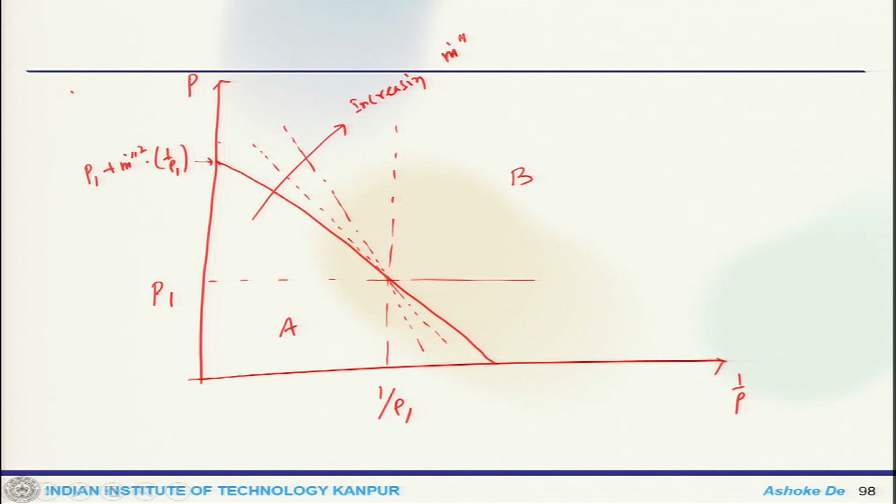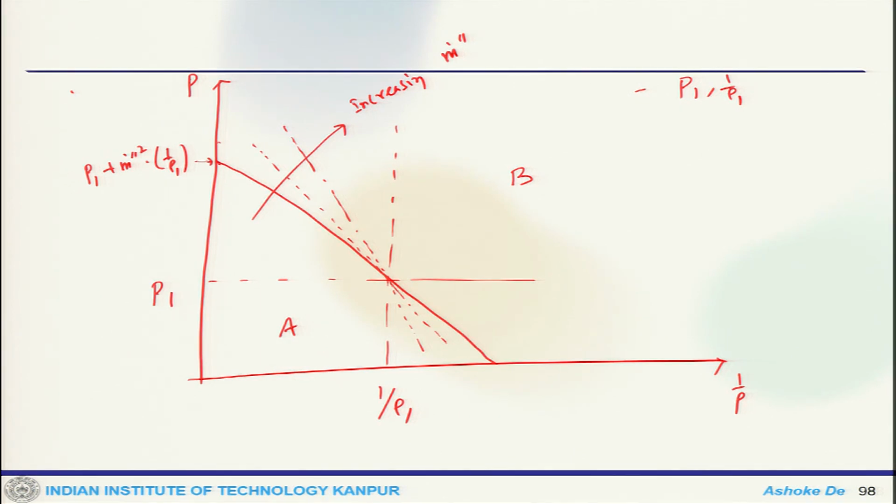With increasing m dot you get different Rayleigh lines. Here, for state 1, the Rayleigh line for state 1 has P1 and 1 by rho 1, which is fixed. Once we increase the mass flow rate, the lines become much stiffer. One can see that in the limit of infinite mass flux, the Rayleigh line would be vertical like this, while at the opposite limit of zero flux it is horizontal.